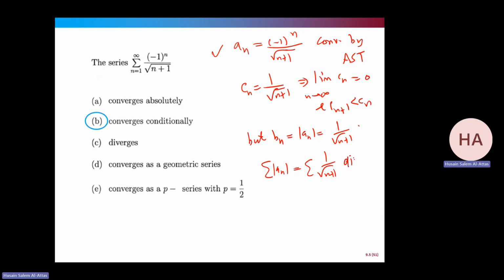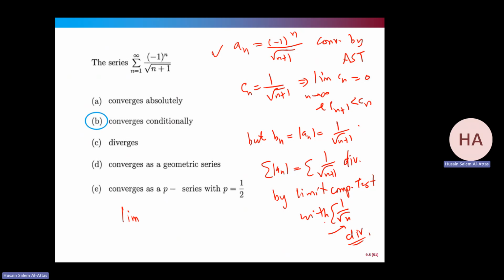So this series diverges by, you can do what? The limit comparison test with this series. This diverges. The b series would be equal to half. And the limit will be what?